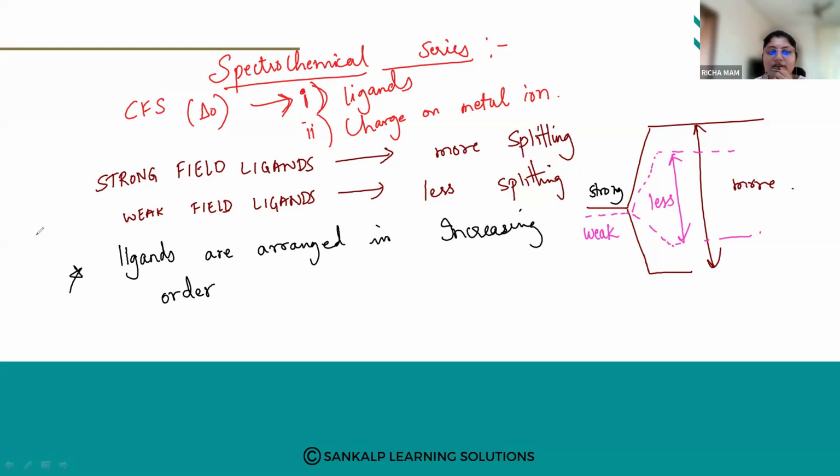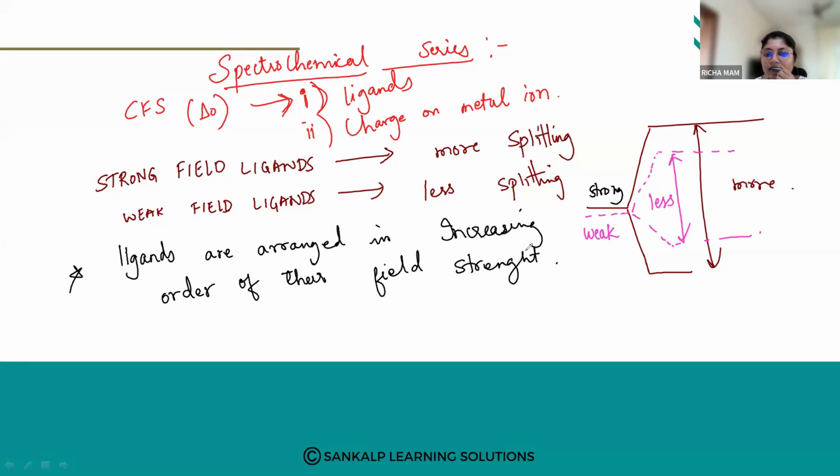So what scientists have done, they have arranged the ligands according to increasing order of their field strength, and this is termed as what?